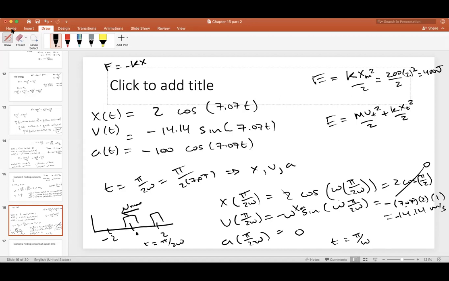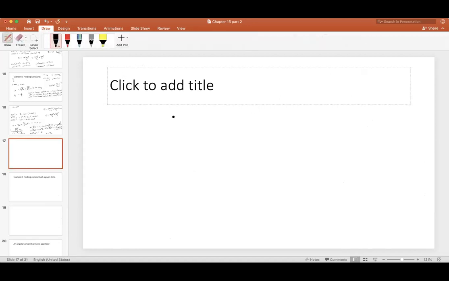What I'm really just trying to get at with this is that the idea is find constants: omega, maybe k, maybe m, x max, and phi. So find those. Usually they're given to you. You might have to do something to find them, but find them.